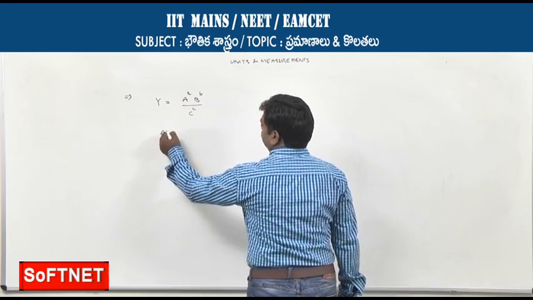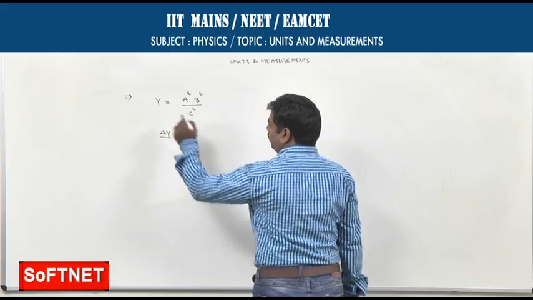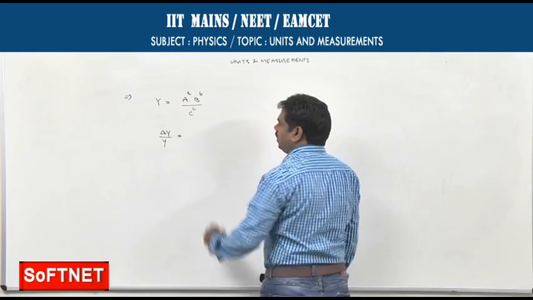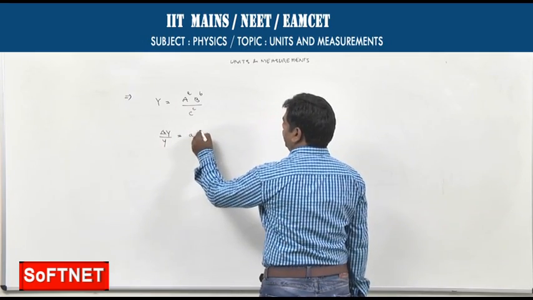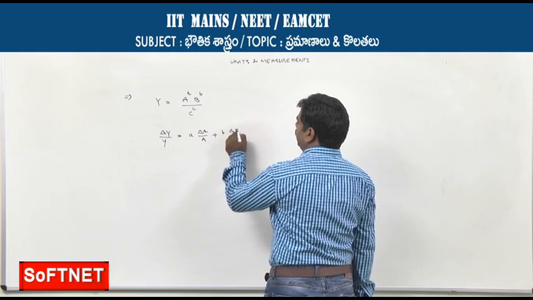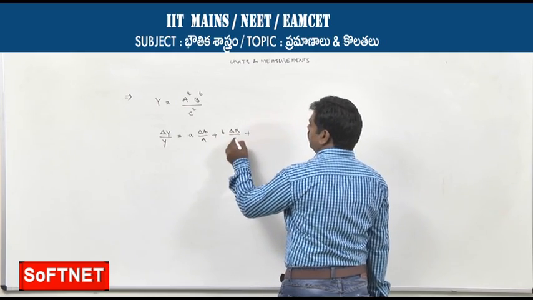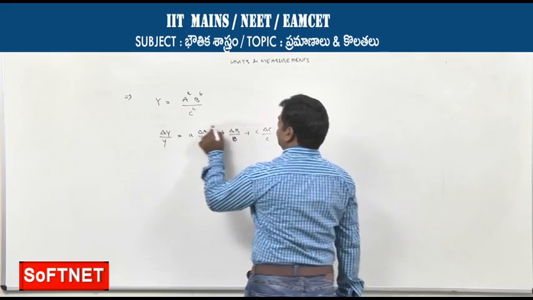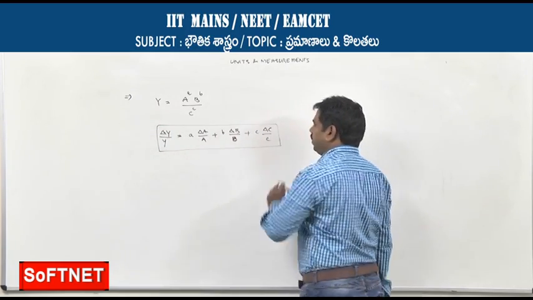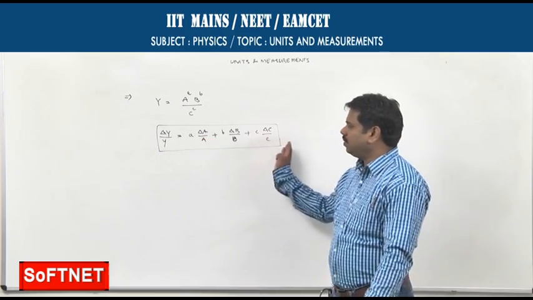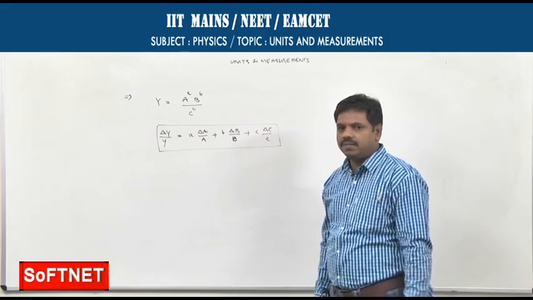Simply, as we have discussed previously for the propagation of errors, this can be written as delta y by y is equal to a into delta a by a plus b into delta b by b plus c into delta c by c. Using this relation, easily we can find out the relative error in measuring y and also the percentage error in measuring y.